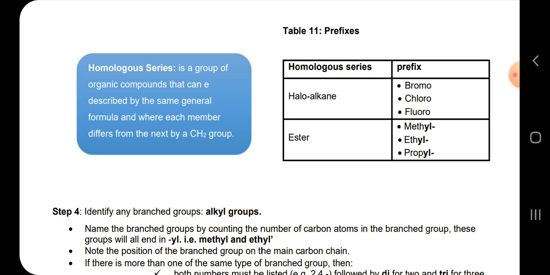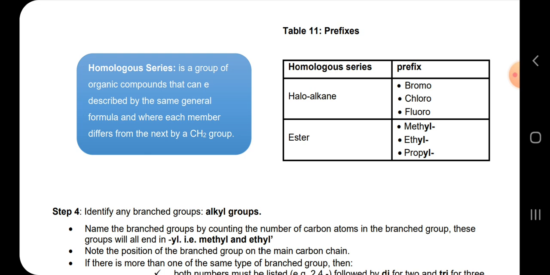A homologous series is a group of organic compounds that can be described by the same general formula, where each member differs from the next by the CH2 group. So let's look at this homologous series. For haloalkane, the prefix is bromo, chloro, fluoro.